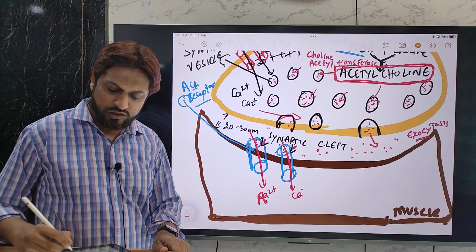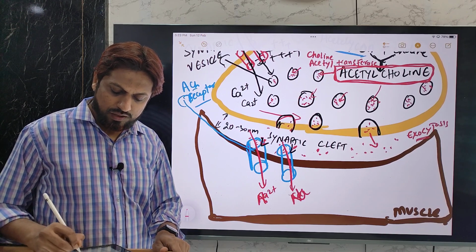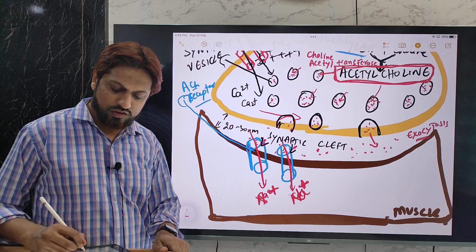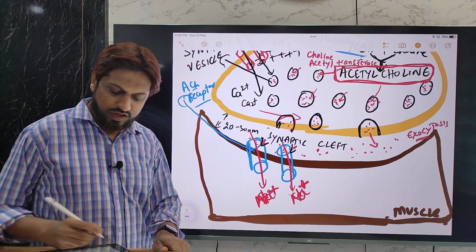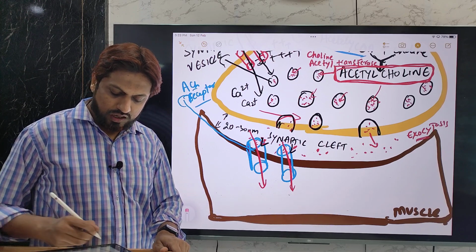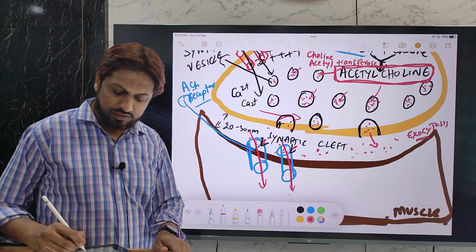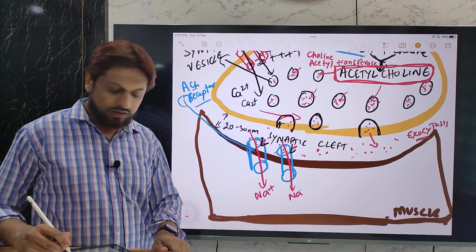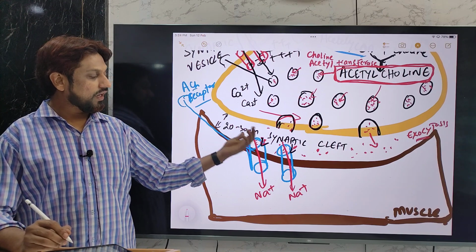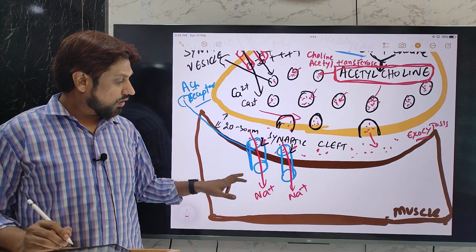Even the calcium will enter, but mainly the sodium will enter through these channels. So through the acetylcholine receptors, mainly cations like sodium enter from the ECF, that is the synaptic cleft, into the muscle cell.